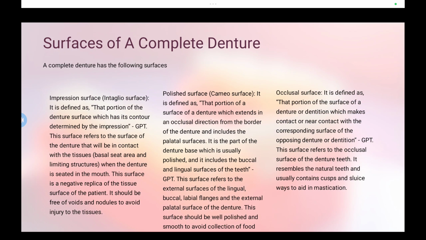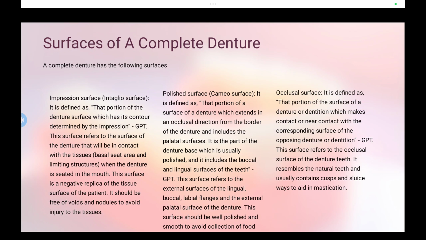Polished surface, second, which is also known as the cameo surface. It is defined as that portion of the surface of a denture which extends in an occlusal direction from the border of the denture and includes the palatal surface.